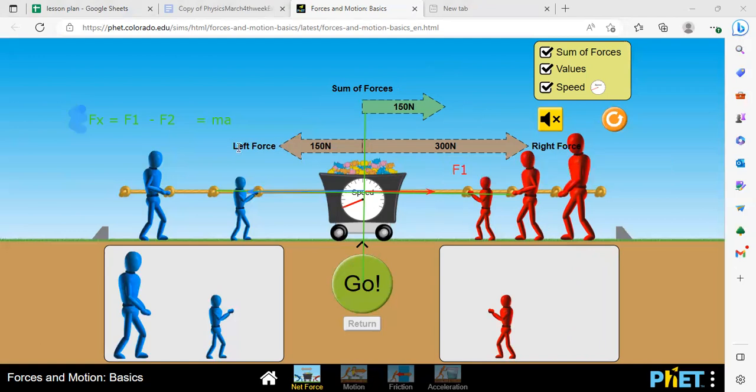Positive X direction. Tapos, dito sa kabila ang F2. Okay, so this time, may net force ka na papunta sa left. So, ang acceleration mo, papunta sa right. So, ang acceleration mo is towards the right.